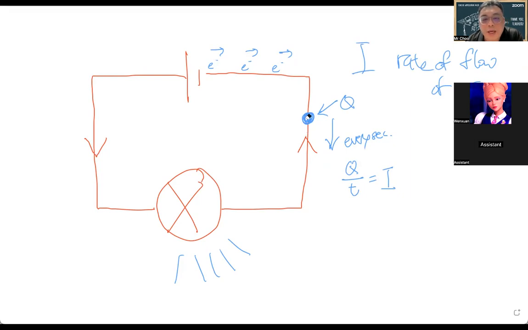Okay, so if you want to measure how much charge is flowing through this point, you want to use an instrument to measure this I, the current. Do I put the instrument on the circuit or outside the circuit? Can you tell me? Did I put my instrument on the circuit or outside the circuit?